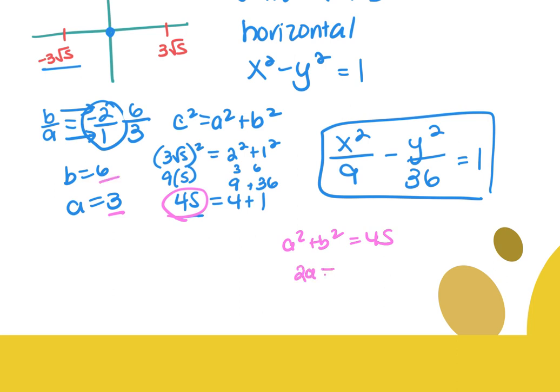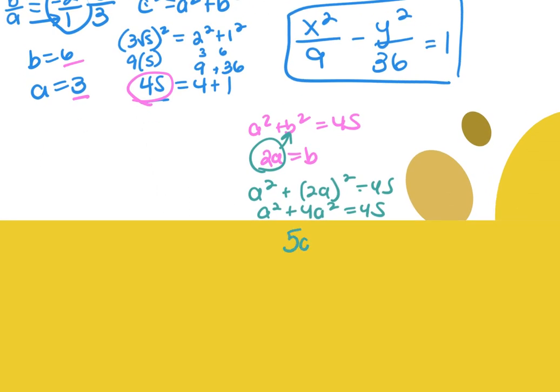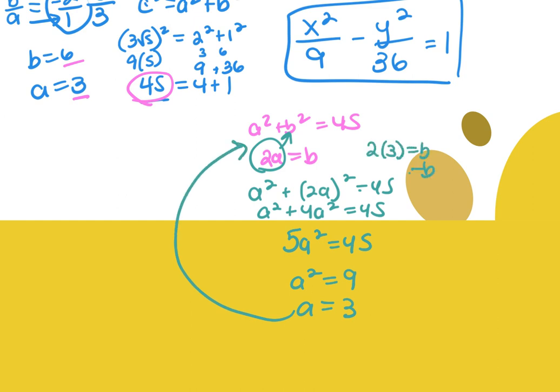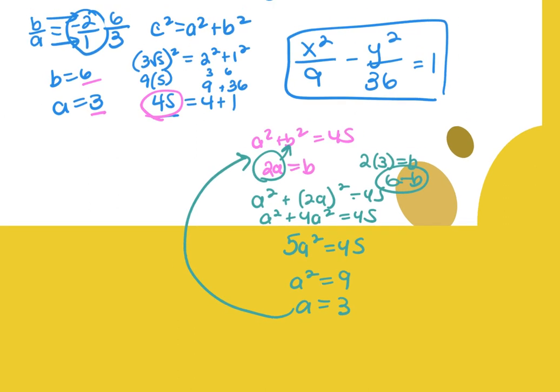So 2a should equal b, which means I can plug this in for b and get a squared plus 2a squared equals 45. Using substitution here and combining my like terms, a squared would be 9, and a is 3. Then plug it back in: 2 times 3 equals b, and b is 6. So we got lucky by picking ones that worked. If you couldn't figure that out, you can set up a system of equations and solve it that way.